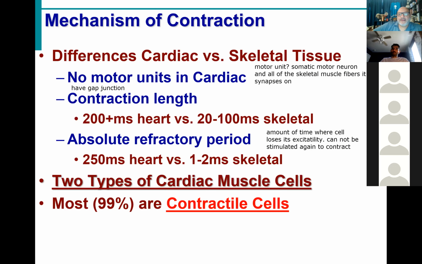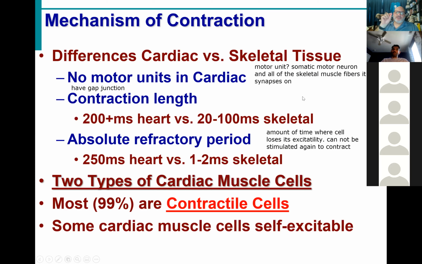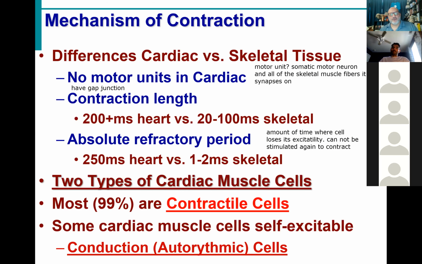Yes, because remember, cardiac muscle, 1% of the cells, just a very small amount, are highly specialized cells that are known as conduction cells or autorhythmic cells. And those autorhythmic cells are able to produce their own action potentials.